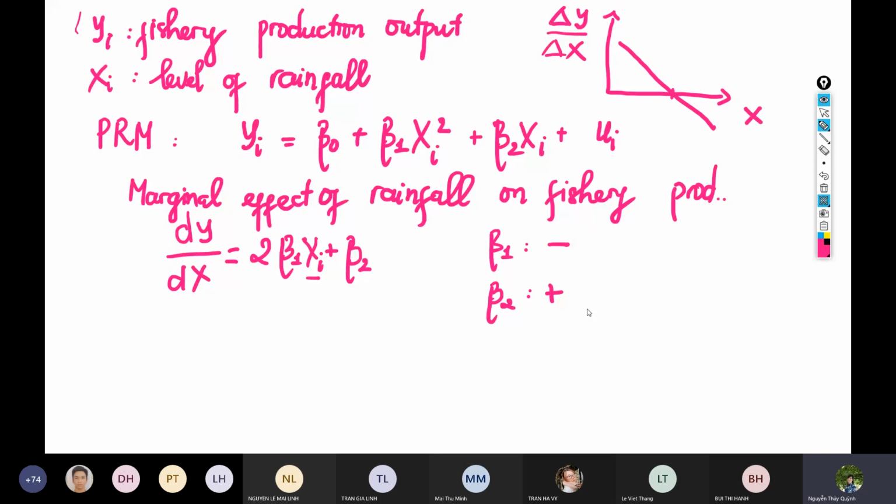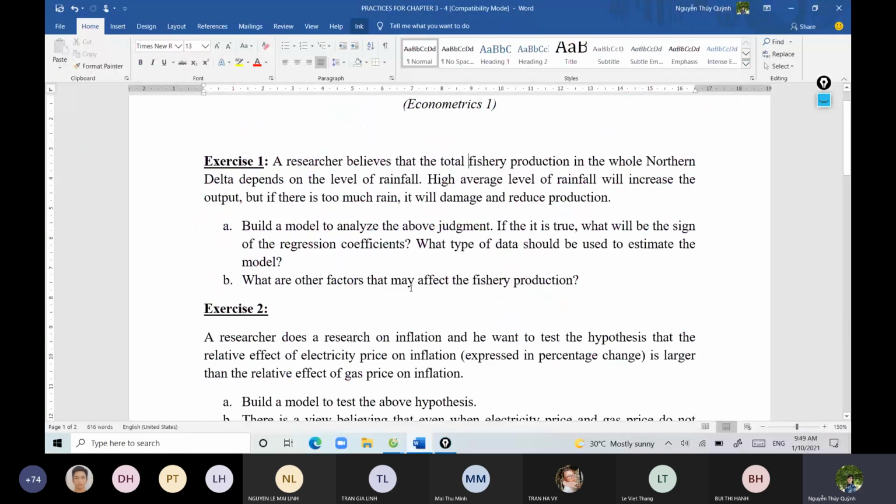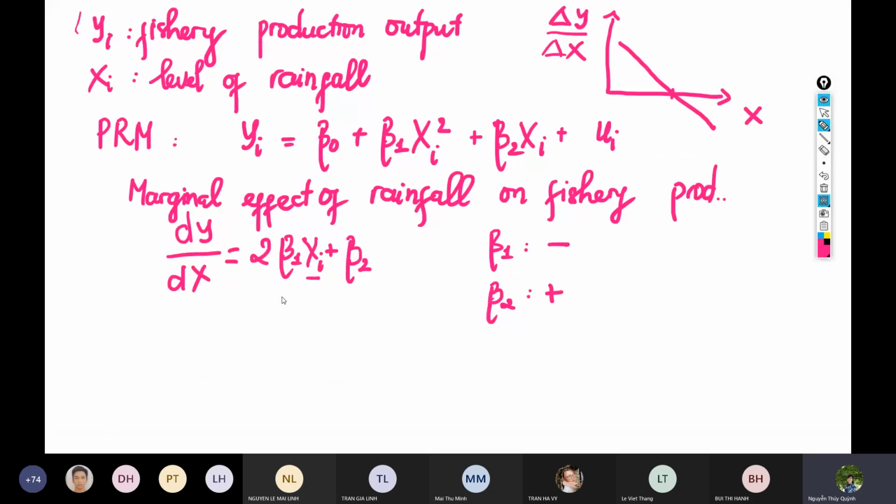And what about question two? What are the other factors that may affect the fishery production besides the level of rainfall? I think other factors can be the quantity or quality of the food.